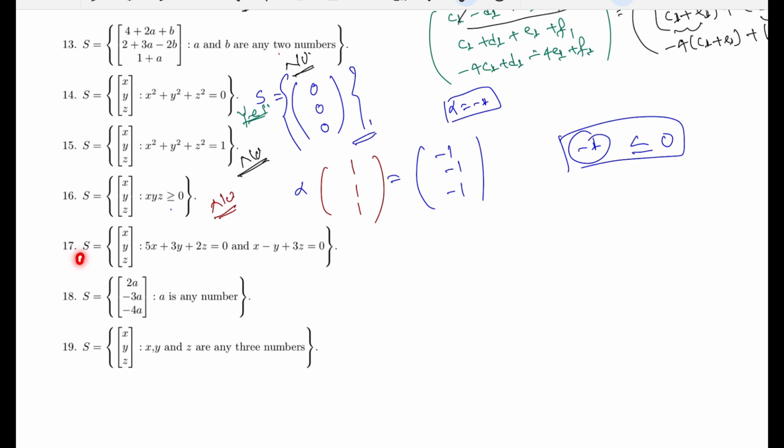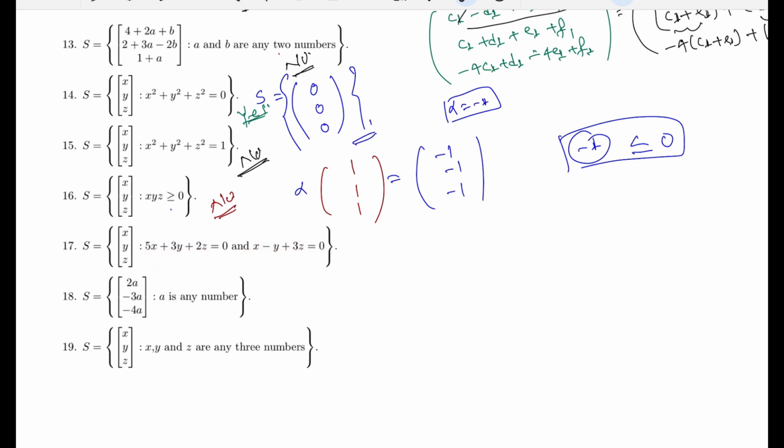Is this a subspace of R cube? This is very easy to answer. This is a plane passing through origin, right? And whatever vector you pick from this plane will belong to this set. But we have an additional condition, that x, y, z should at the same time satisfy these two equations.